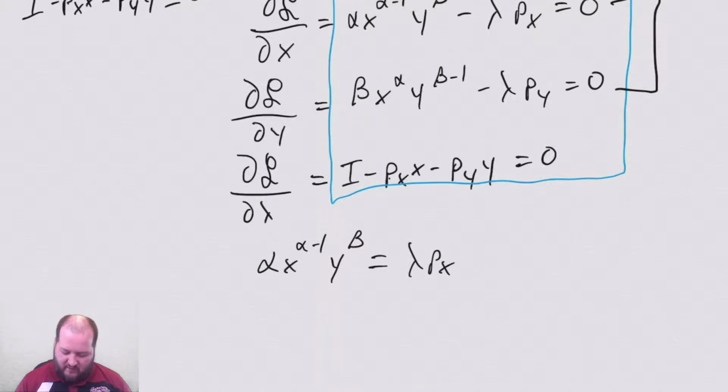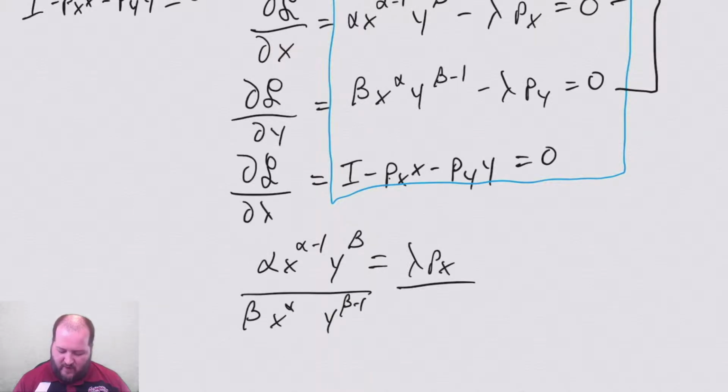And then I'm going to divide it by the left-hand side of my second first order condition, beta X to the alpha, Y to the beta minus 1, and divide the right-hand side by lambda PY. So basically I've rearranged my first order condition and my second first order condition, and then I've divided one by the other. The reason why I do this is because it allows me to cancel out lambda.